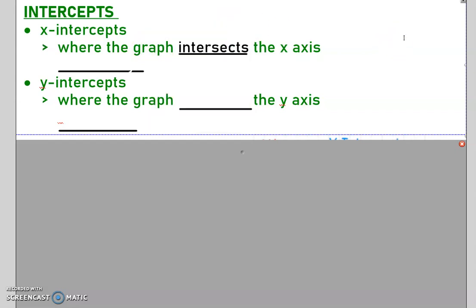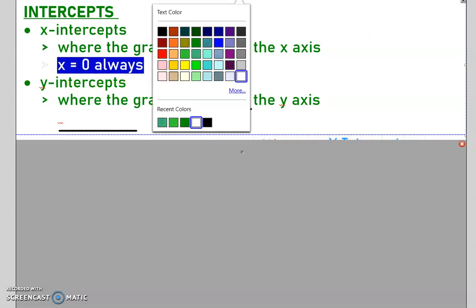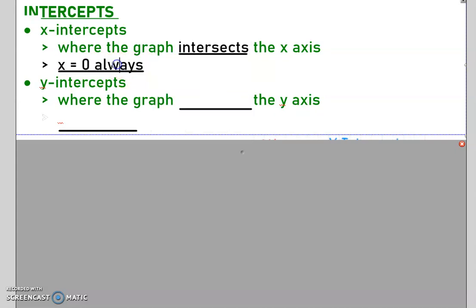It's where the graph intersects the x-axis, like the intersection of two roads, where they cross. And we want a big reminder here that when I have an x-intercept, my y equals 0. It's always the reverse there. When I'm looking at x-intercepts, my y equals 0.